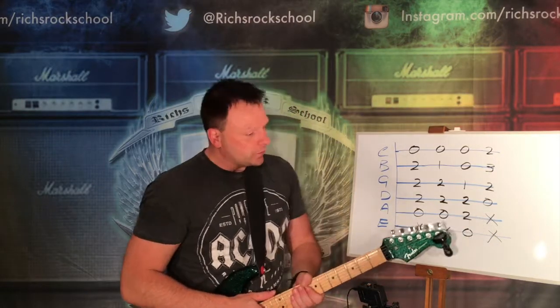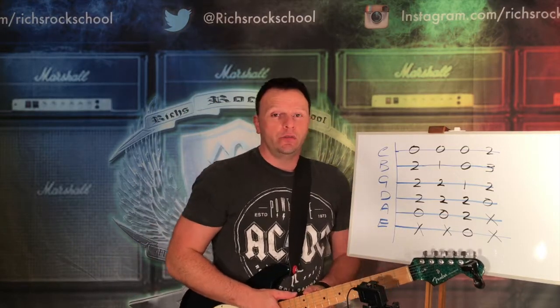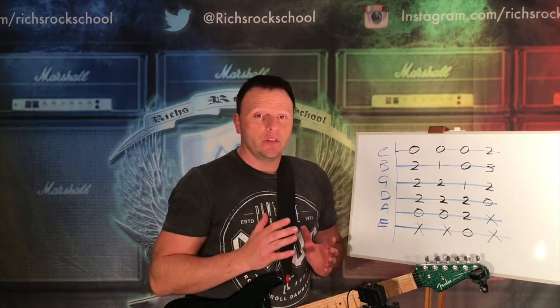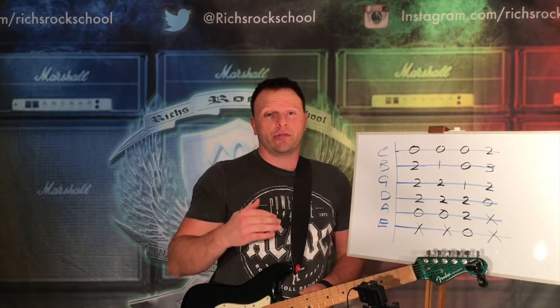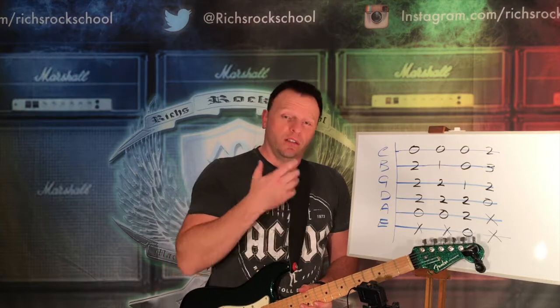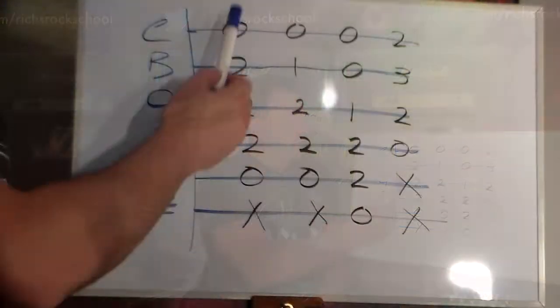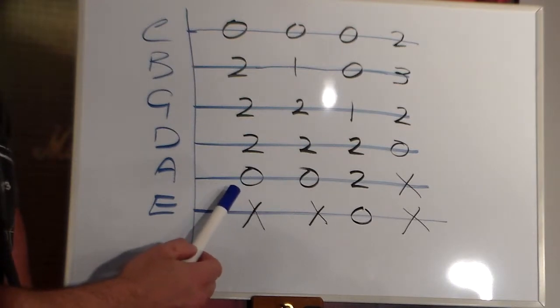Now, we'll quickly go over something called root notes. The root notes you could think of the roots on a tree are at the lowest point of the tree. So the root note is the lowest note of the chord. So in this case, for the first chord, this is A major.